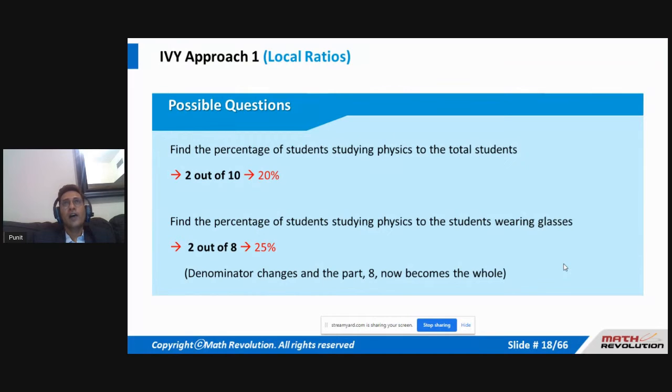They're just talking about the number of students who study physics out of all those students who wear glasses. The number of students studying physics is 2, and all the students wearing glasses, including those studying physics, are 8. 2 out of 8 becomes 1/4, and a quarter of 100 is 25%. So if you can understand, the denominator has changed from 10 to 8, which has now become the whole. This is the basic concept of a local ratio, which we call IV approach 1, where your part becomes the whole.